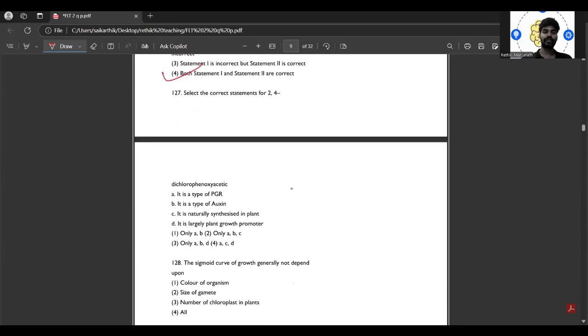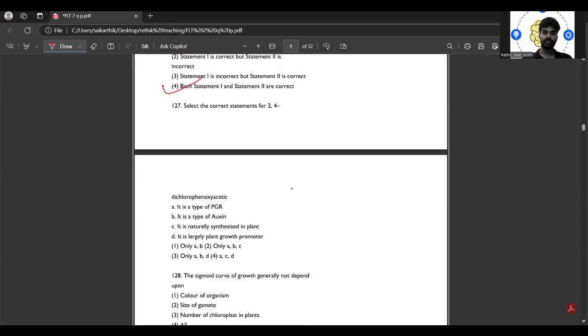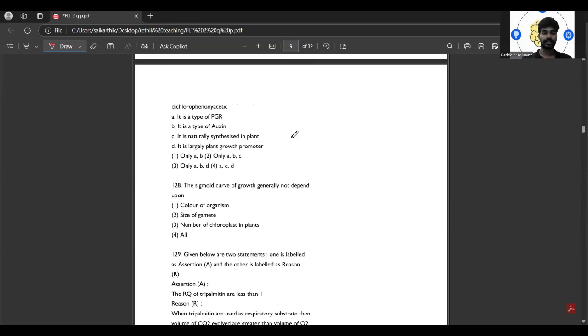Next 127, we have to choose the correct statement here, from 2 to 4. So 2,4-dichlorophenoxyacetic acid is a type of PGR or auxin. It is naturally synthesized in plants, or it is largely a plant growth promoter. Do you remember this? What could be the answer? See, one thing is it is a type of PGR.